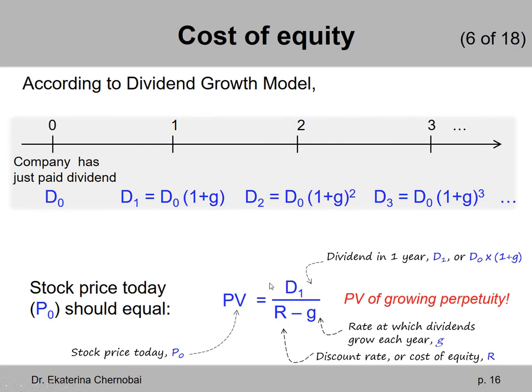So D1 could also be calculated by starting with what we know about the most recently paid dividend, D0, and multiplying it by 1 plus the growth rate in dividends. R in the denominator is the discount rate, and this is what we are also calling cost of equity in chapter 14. And g is the rate at which dividends are growing every year.